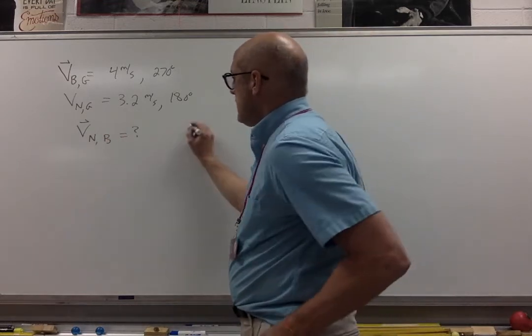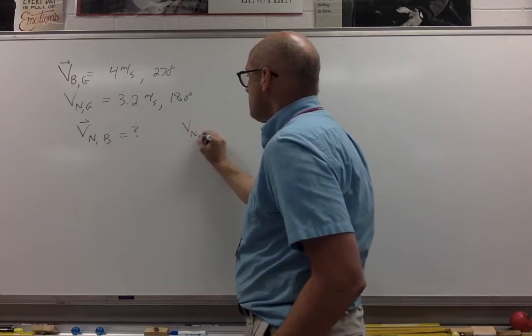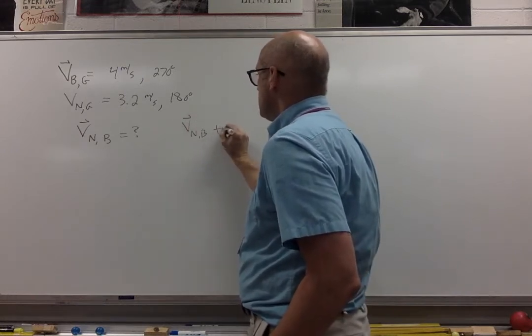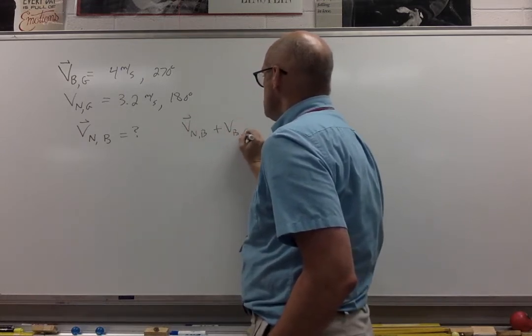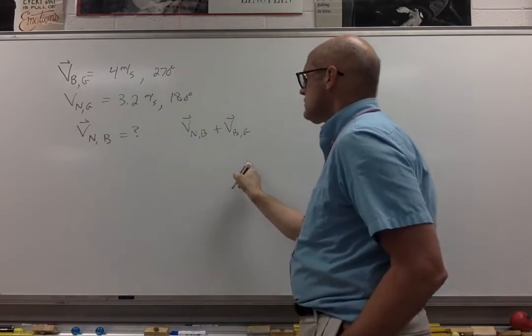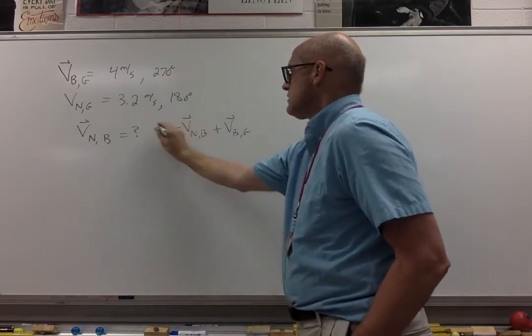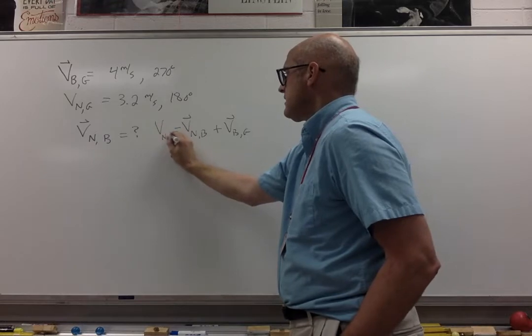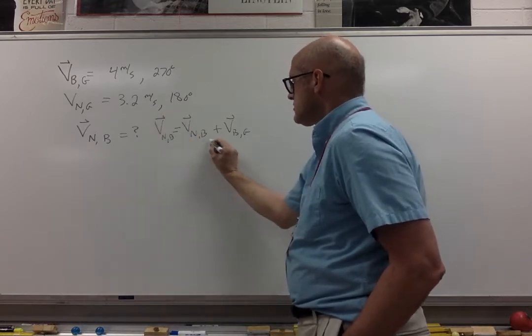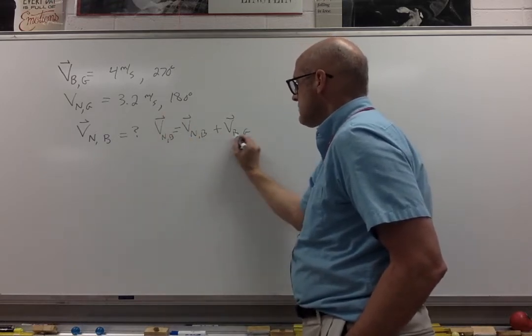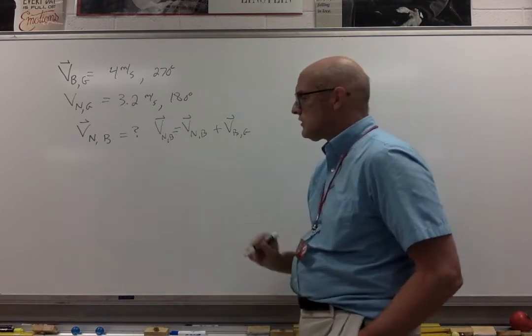So we know that VNB plus VBG should be equal to VNG. You see these two subscripts here are side by side. That's what you want to look for.